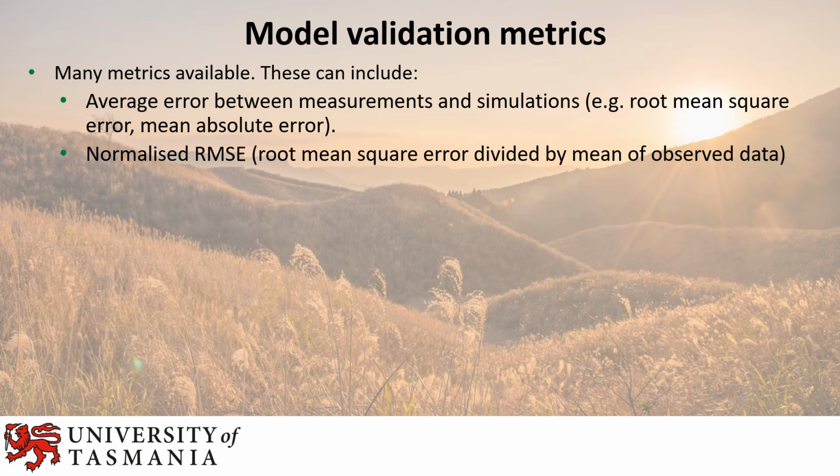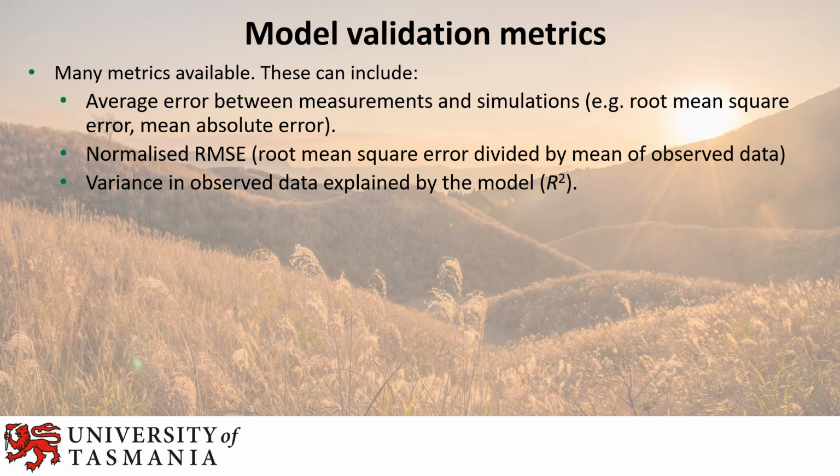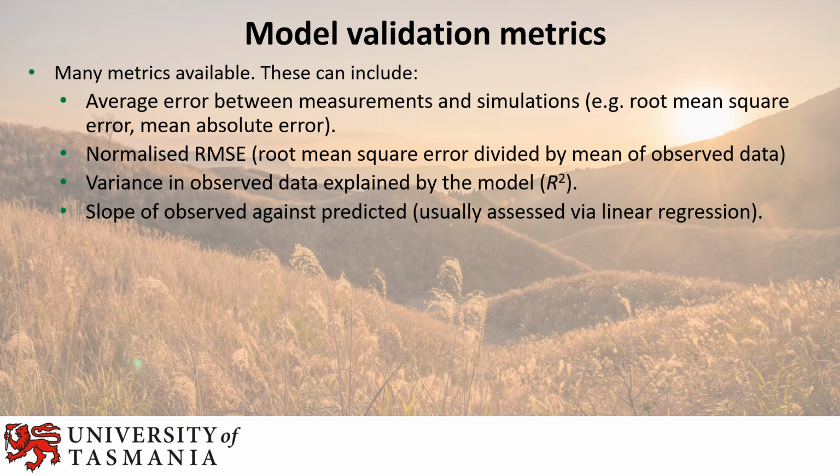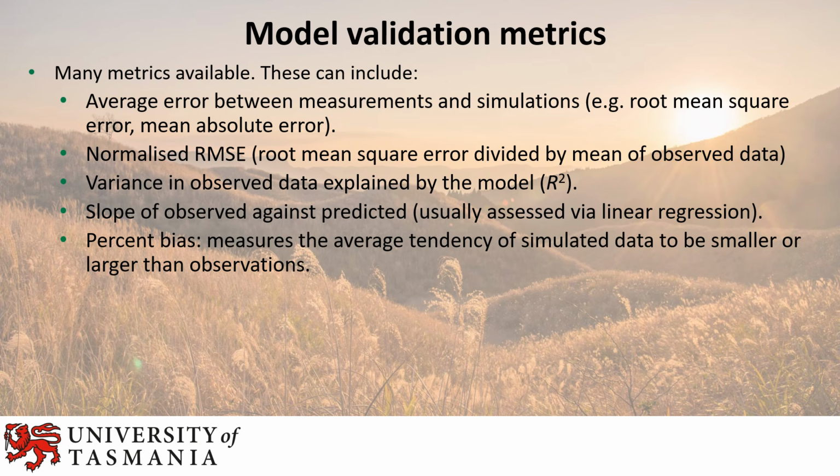I find that more useful than root mean square error per se. There is the typical R squared coefficient of determination, which basically explains the variance in observed data explained by the model. You can then plot your observed data against your predicted data, and ideally that would all fall against a one-to-one line.